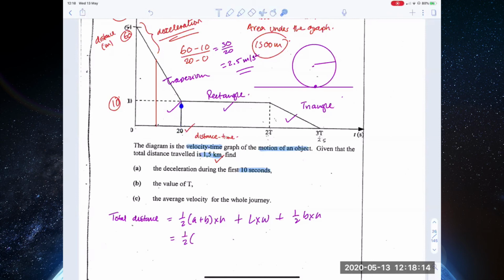So we could say A is 10, and from here to there, that's 10. 10 plus B is the longer parallel side, which is 60, times the height is what? 20, plus, and then the length is what? Now doing length times width. How long is this?